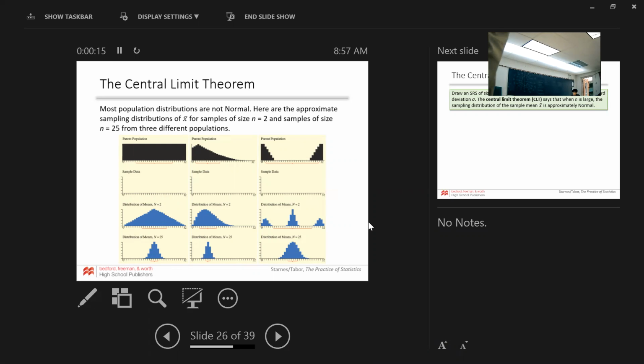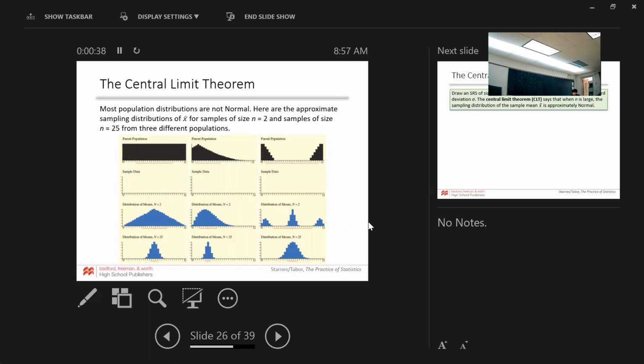We've got this picture where here's the parent population. This parent population is uniform. This parent population in the middle column is skewed right. In the third column, bimodal.